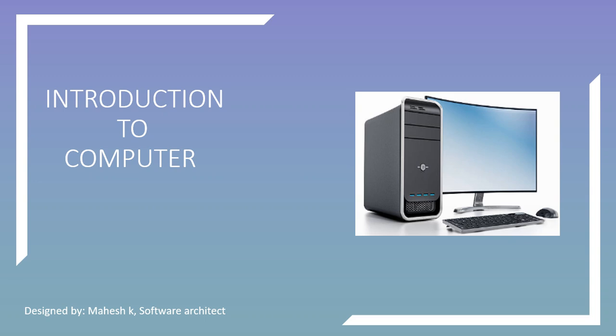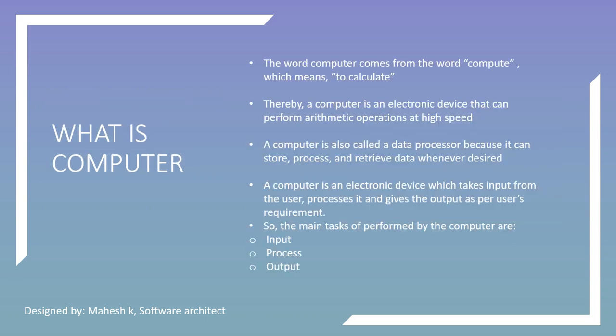So what is a computer? The word computer comes from the word compute, which means to calculate. That means if we are calculating anything in a computer, it is called a computer.